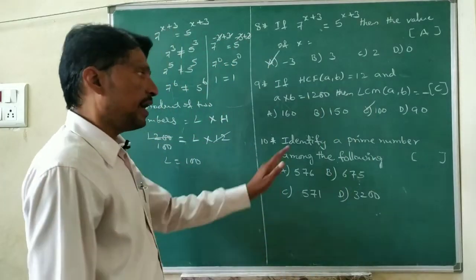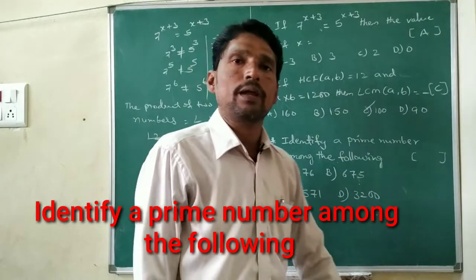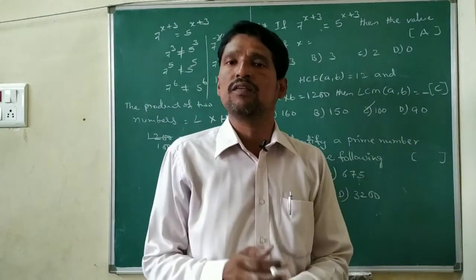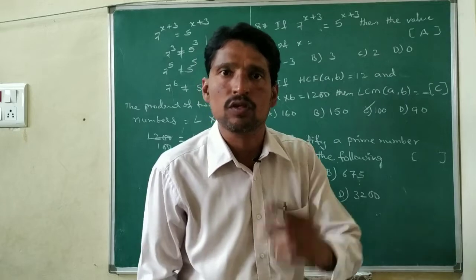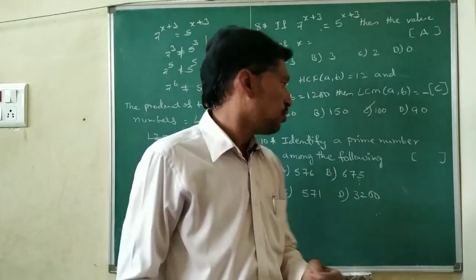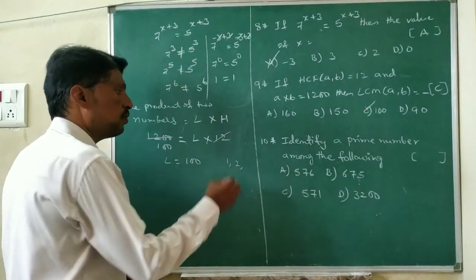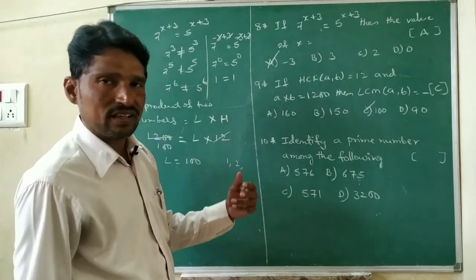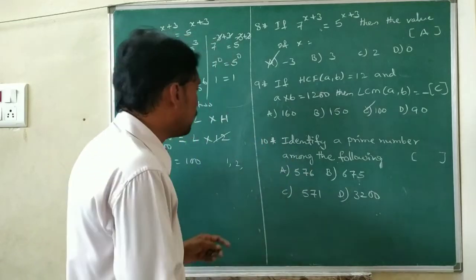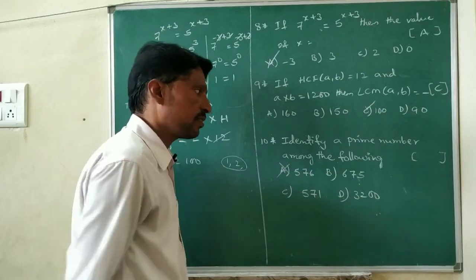Next, identify the prime number among the following. A prime number is a number whose only factors are 1 and itself. It has only two factors. 576: the 2 table is possible, the 3 table is possible, so we get more than 2 factors.